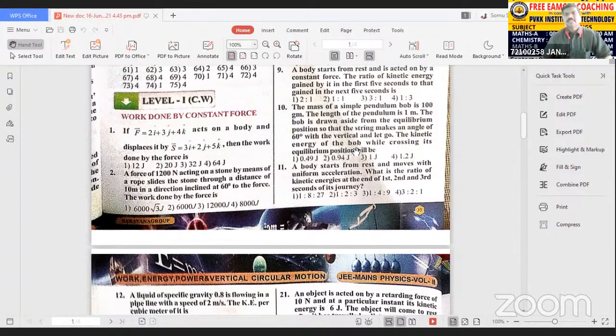The kinetic energy of the bob while crossing its equilibrium position will be: first option 0.49 joules, second option 0.94 joules, third option 1 joule, fourth option 1.2 joules.